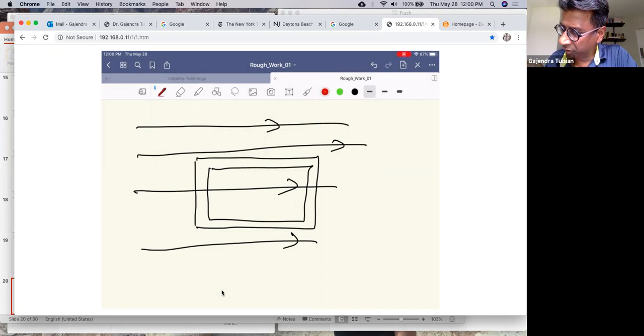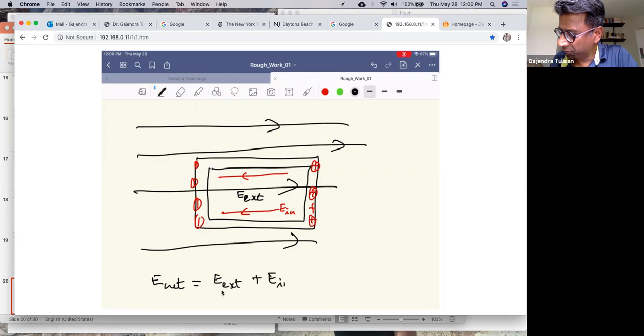And what they do is, negative charges would collect here. So almost instantly, that will induce an electric field in this direction. Okay, so that's the induced electric field. This was the external electric field. And so the net field inside is external plus induced, and that's 0.